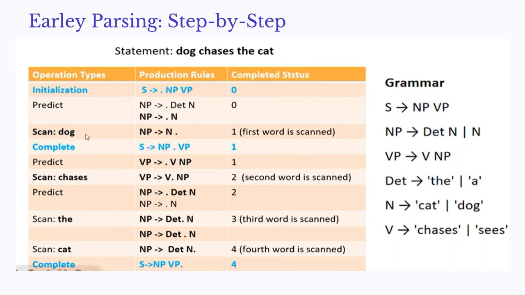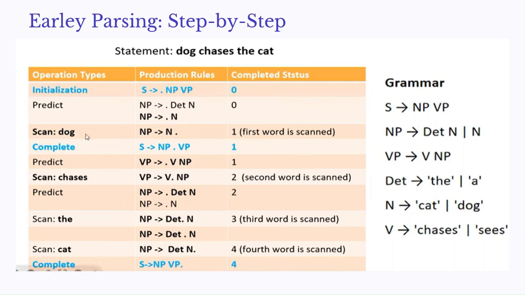Now VP, which you are predicting. There is V or NP because we need a verb. Again there is a noun phrase, the cat. So V dot NP, that is the scan. It scans the word chases and then it predicts.